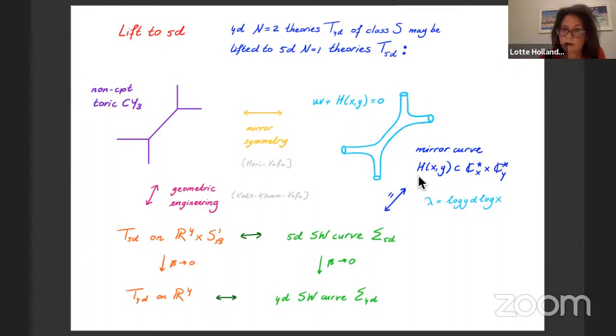The corresponding mirror curve, defined by this function h, is embedded in this case in C* times C*. In terms of the gauge theory, it would correspond to the 5-dimensional Seiberg-Witten curve, which in the beta going to 0 limit corresponds to the 4-dimensional Seiberg-Witten curve.